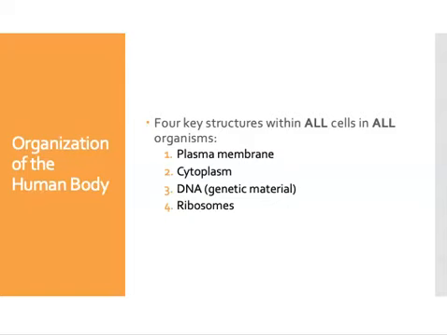Translation is the process that takes the information from the DNA molecule and uses it to build protein. So it doesn't matter, again, if you're talking about a bacterial cell, or a fungal cell, or a plant or an animal cell. If it's a living cell, it has these 4 structures in it at least.